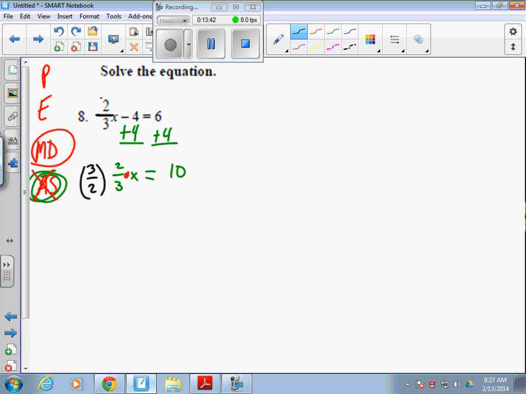If you multiply by 3/2 on the left, multiply by 3/2 on the right, everything's over 1. 10 times 3 is 30, and 1 times 2 is 2. When you simplify 30 divided by 2, you get 15. This part canceled out, so x equals 15.